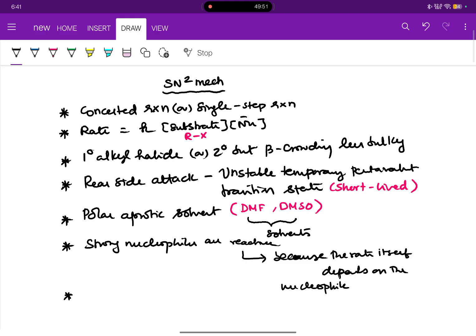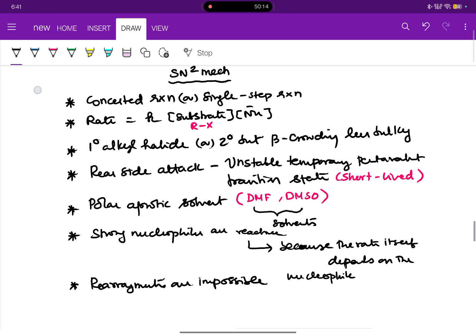Since carbocation is formed, rearrangement happens. Rearrangement is impossible here. Why am I saying it's impossible? Because when you try to do a rearrangement, it should have a carbocation intermediate.